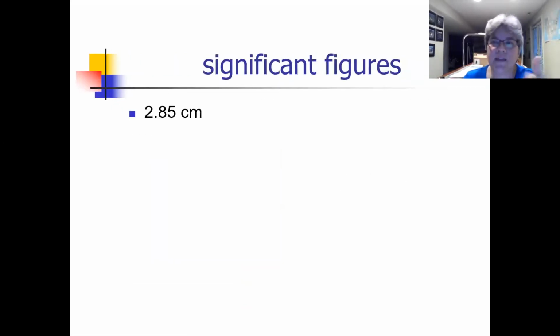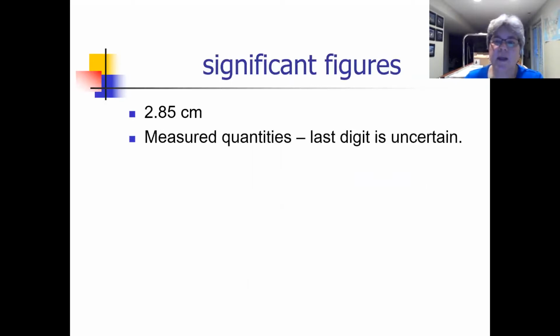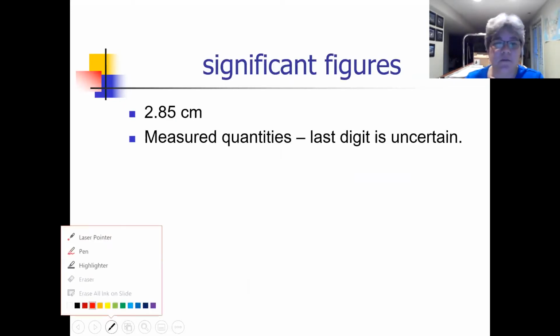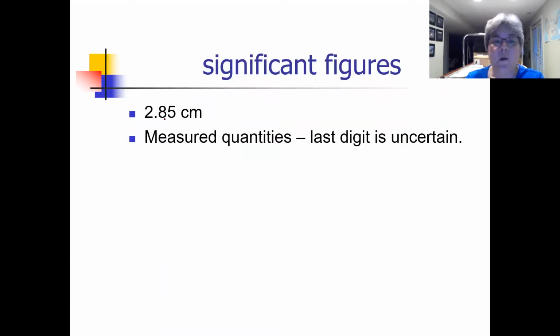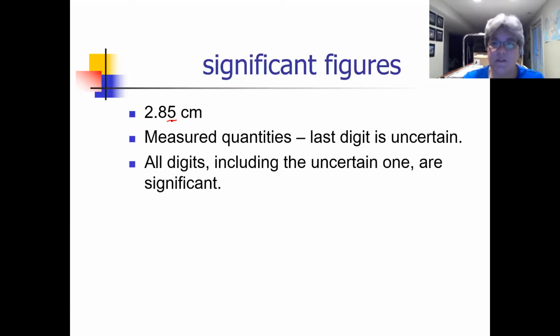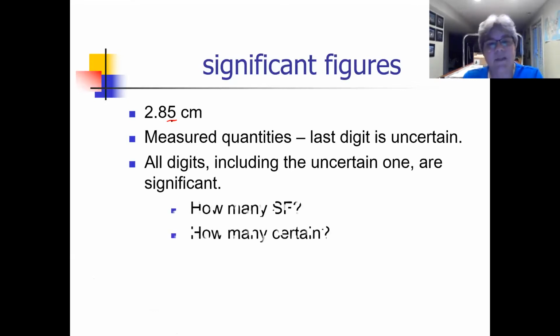Okay, so this idea of significant figures. Whenever I measure something, that last digit is always uncertain. Like I said, sometimes somebody might have said 4, or somebody might have said 6. But all of the digits are significant. So we could ask two questions.